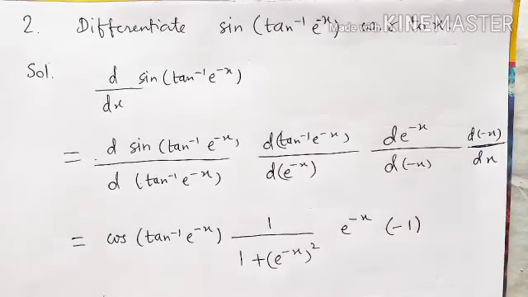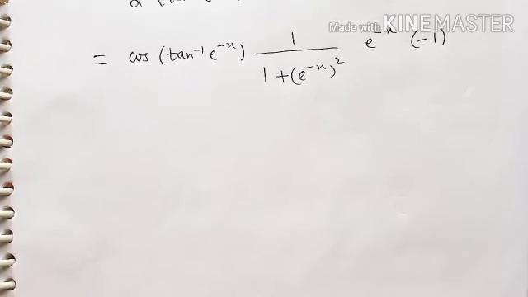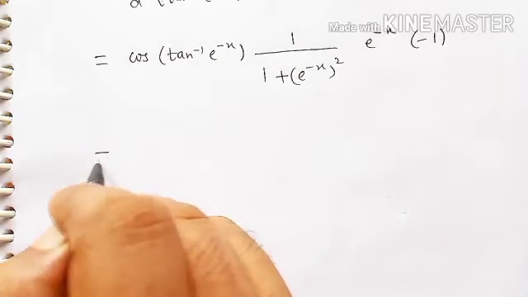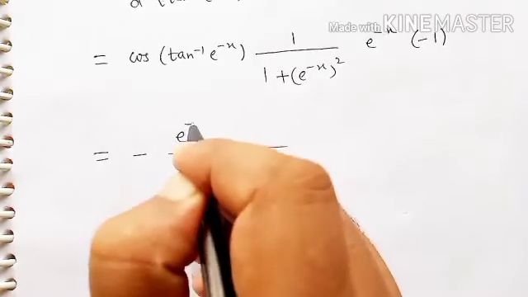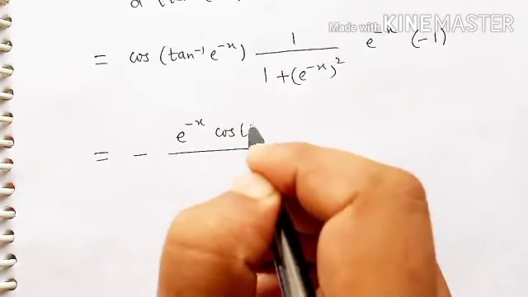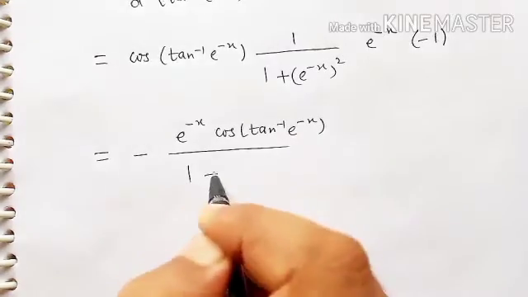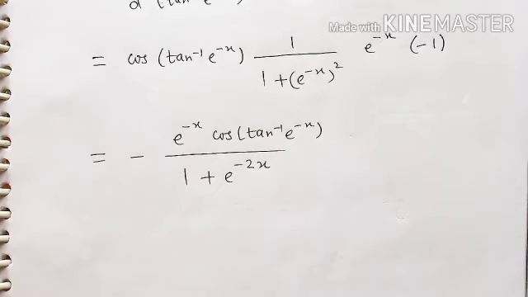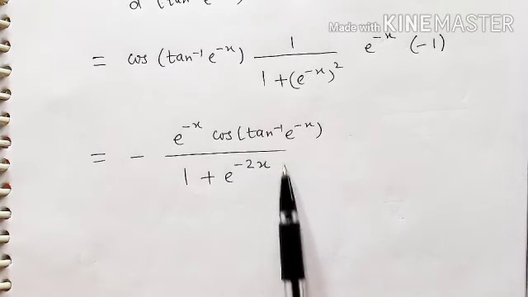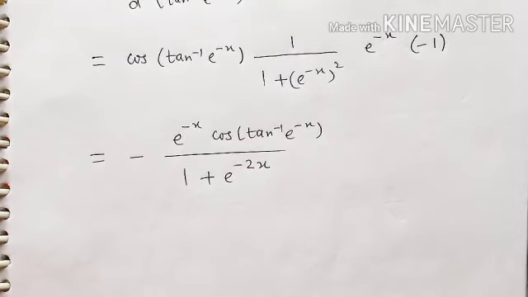So it can be written as minus e to the power minus x cos tan inverse e to the power minus x by 1 plus e to the power minus 2x. Here this derivative is always defined because the denominator is always positive.